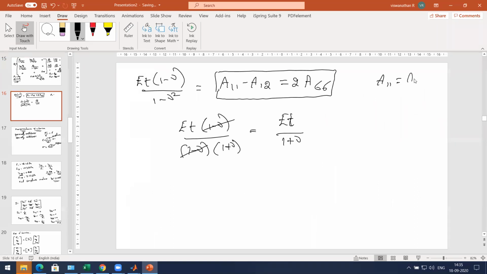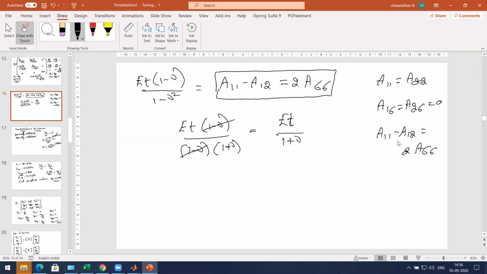A11 is equal to A22, A16 is equal to A26 is equal to 0, and A11 minus A12 is equal to 2 times A66. This is the characteristic of the isotropic material.